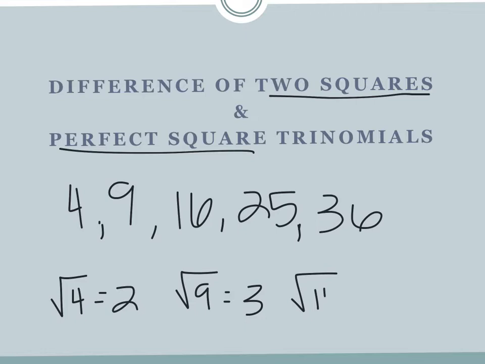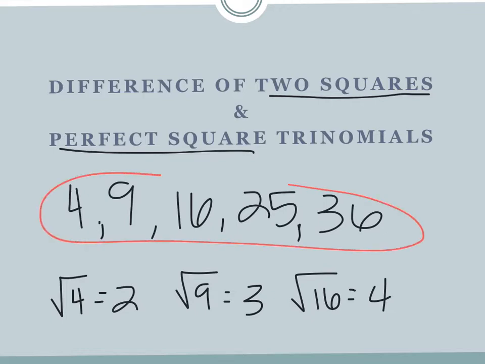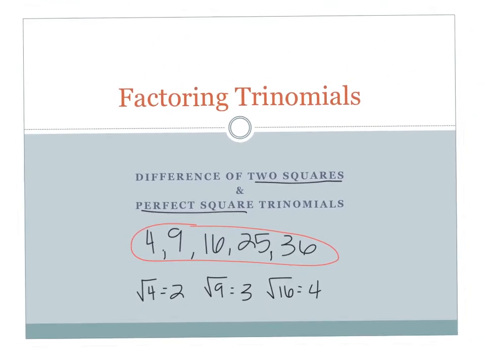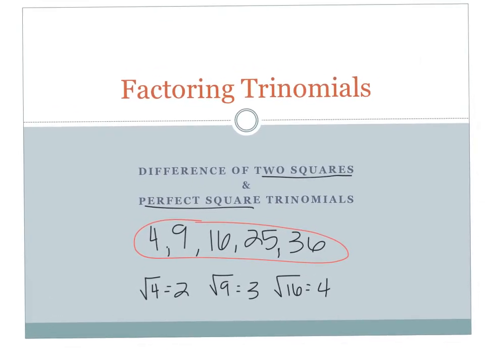The square root of 16 is 4. So that's what we're looking for, or these numbers here, like 4, 9, 16, 25, 36, 49, 8 times 8 is 64, so we'll look for 64. Those are the types of things that we're going to look for when we look for the difference of two squares and perfect square trinomials, okay?